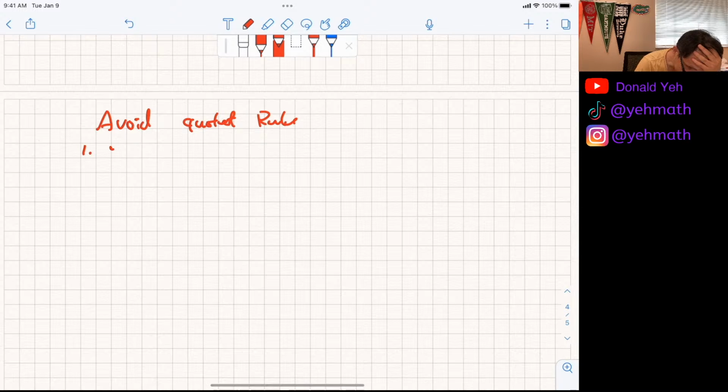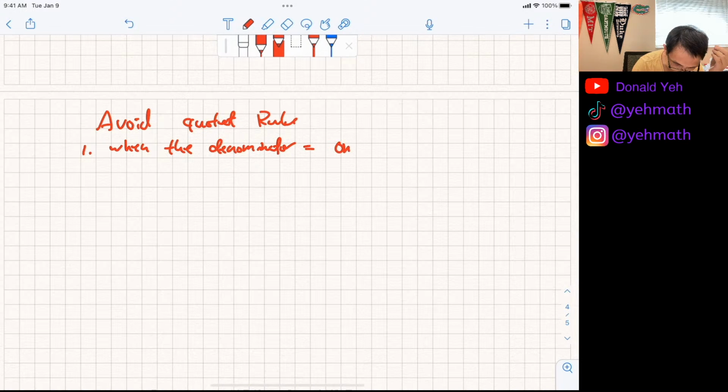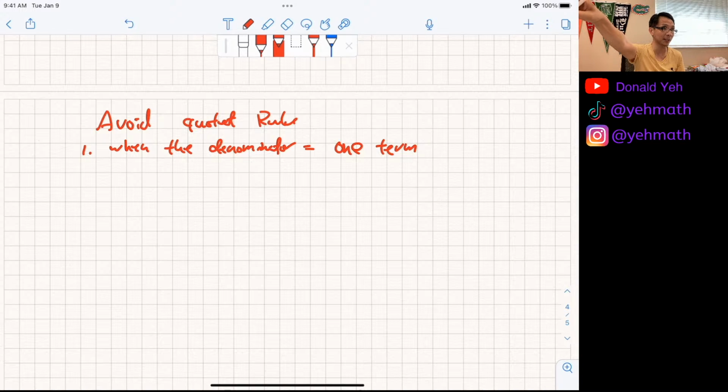When the denominator is equal to 1 term, which is just like yesterday's homework. If we do quotient rule on that first question, it's more disgusting than if we could have just simplified.